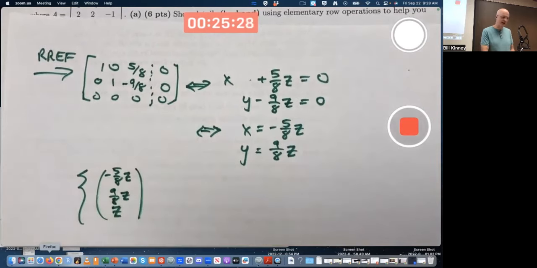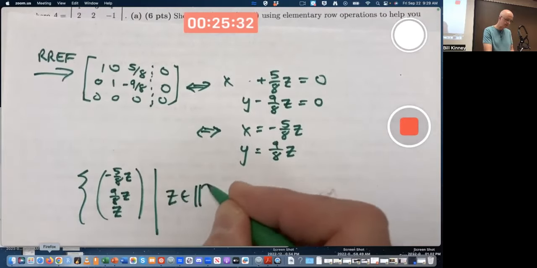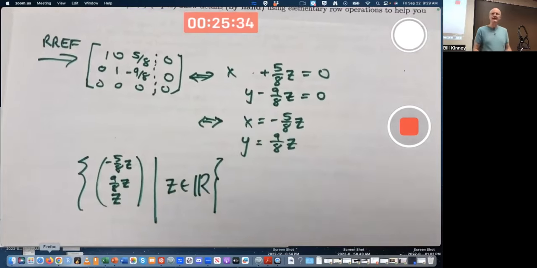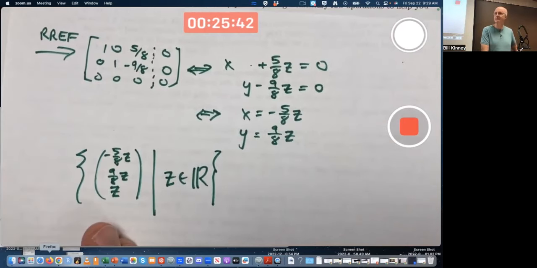The set of all such vectors as z varies over the real number system is a way to write the solution set in parametric vector form. There's a vector, and z is the parameter. The free variable is the parameter. That's why we call it parametric vector form.